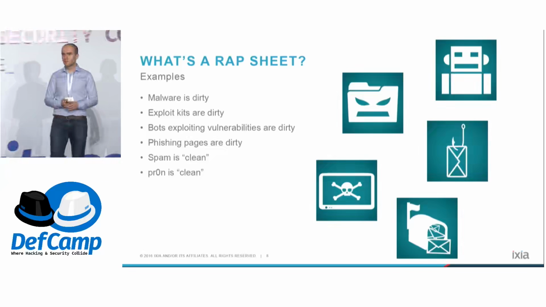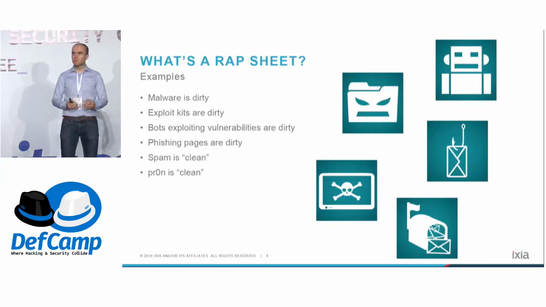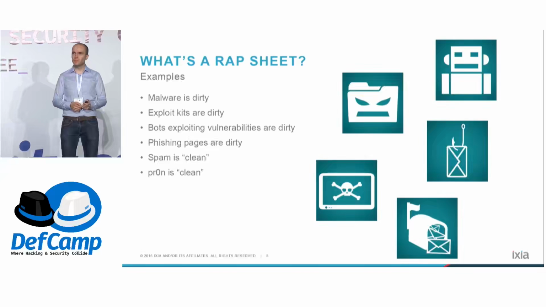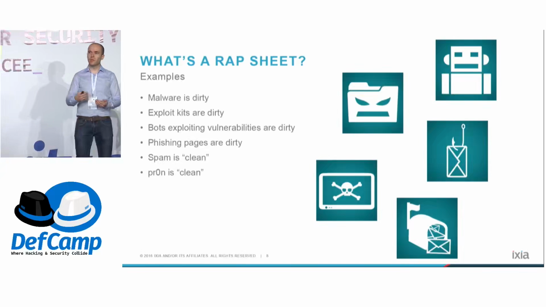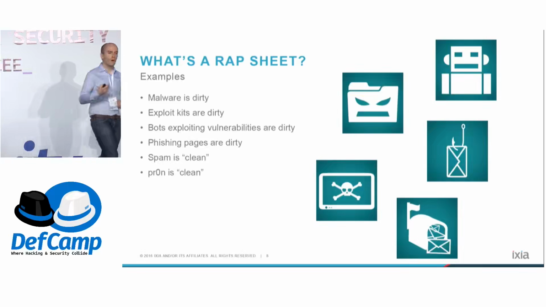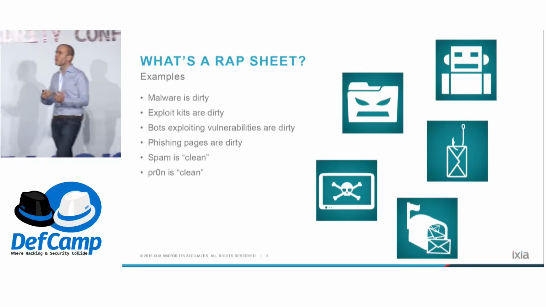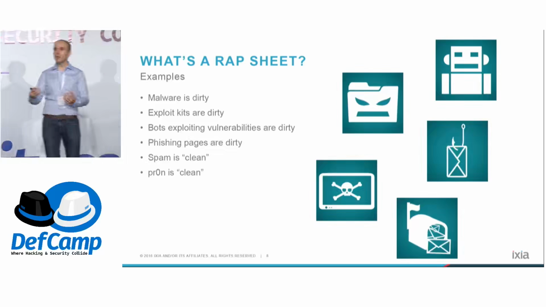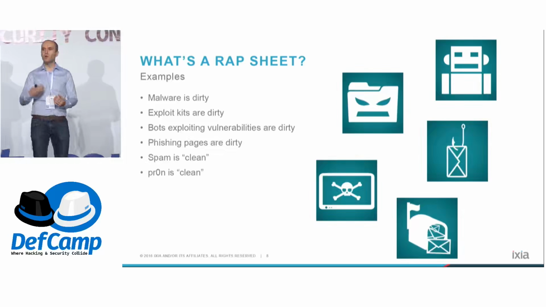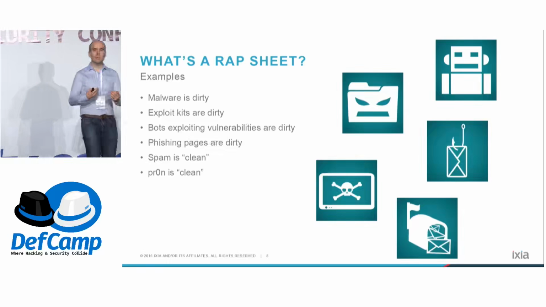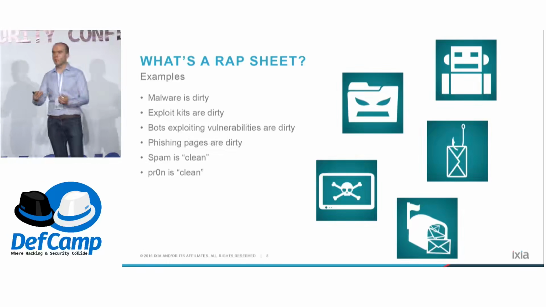Sorry, I have another question, which is, how do you handle malicious IPs that are compromised? Do you consider them infected or clean, or do you have a special status? If that particular IP is compromised, then we consider it infected. But you can also have the scenario in which you have multiple domains on a specific IP. In that particular case, we only consider the malicious domains to be blocked.